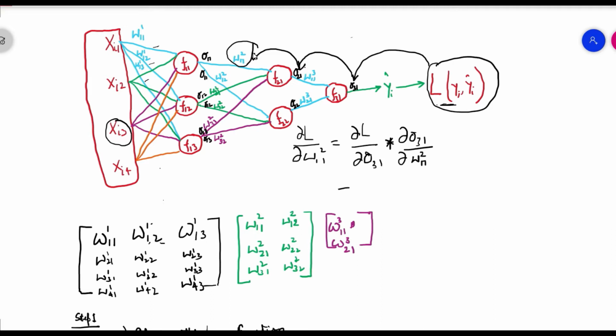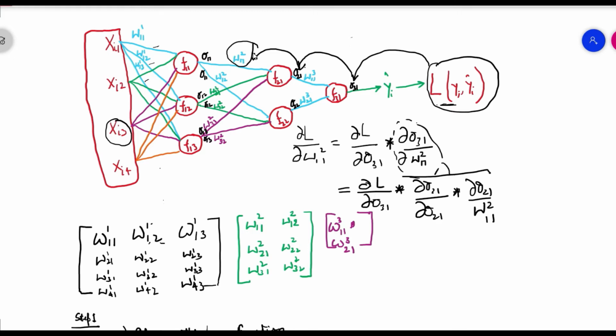This can be further broken down using once again the chain rule as dou L by dou O31 multiplied by dou O31 by dou O21, since O31 is impacted by O21, multiplied by dou O21 with respect to W211. So we have broken down this term using the chain rule into these terms.